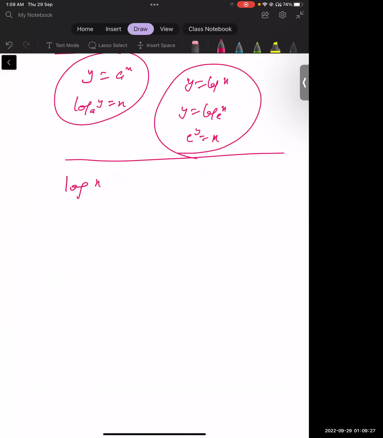Suppose it is log x, and you are multiplying it by log 1 by x. What will be the answer? I'll get x over x, which is just 1.